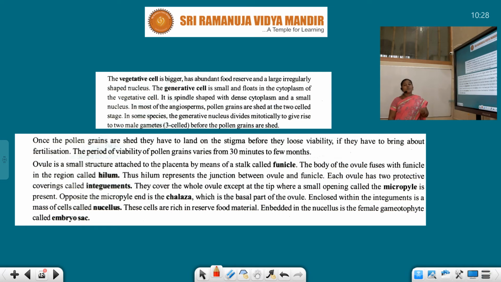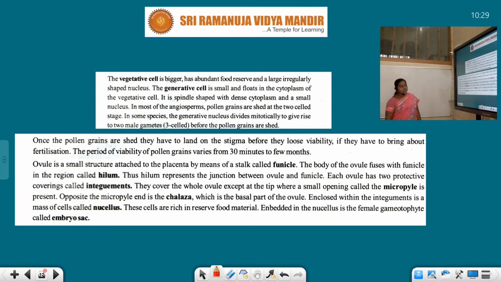Within that period only it has to reach the stigma, if it has to bring about fertilization. Within hours, the pollen grain released from the anther should reach the stigma. The period of viability of pollen grains varies from 30 minutes to a few months, depending upon the species.